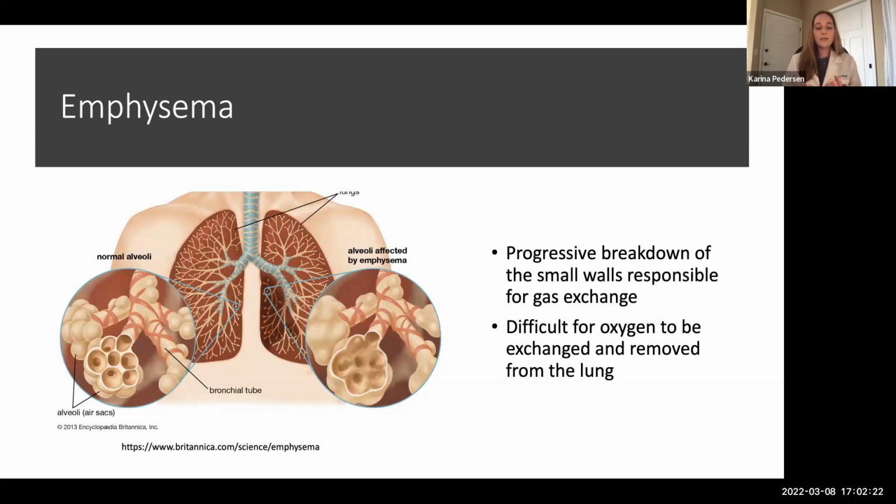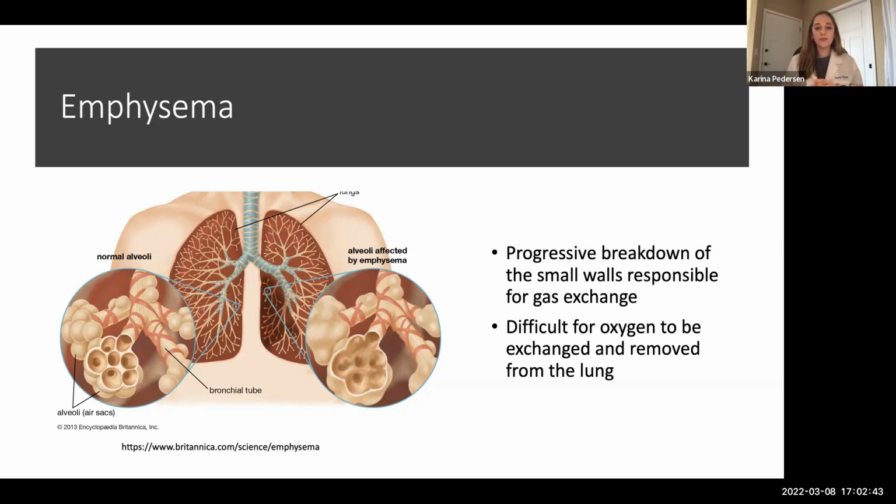Think of that whole unit as a circular Tupperware container or a vase filled with a bunch of bubbles. Those bubbles are responsible for bringing oxygen into your blood and taking out carbon dioxide to exhale.